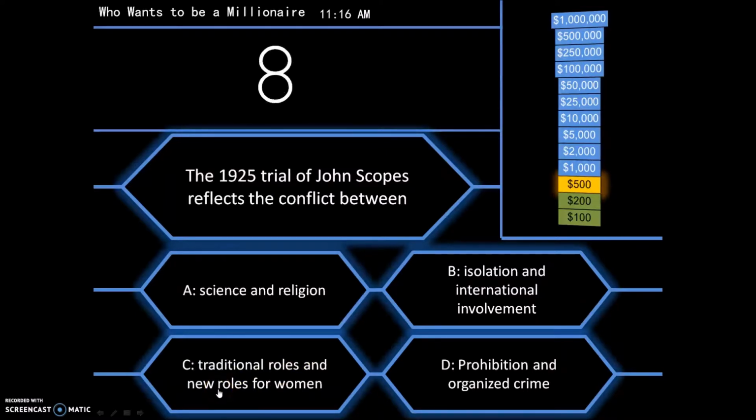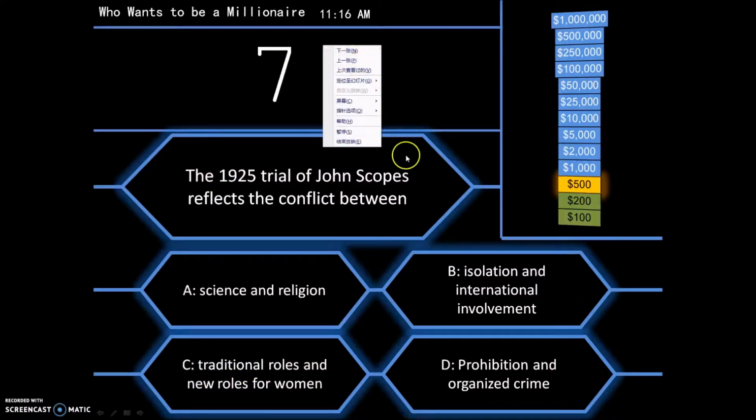Eliminate C. John Scopes' trial looks at the conflict between those people in the cities and the rural areas. So we're looking at a science and religion conflict here.